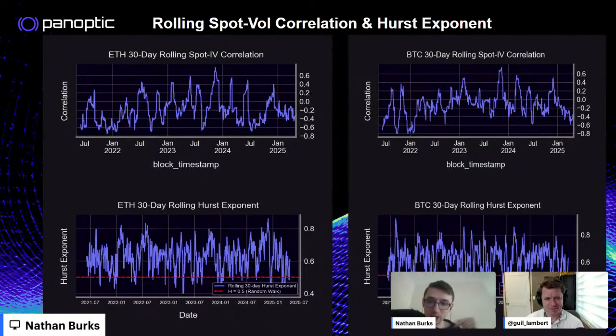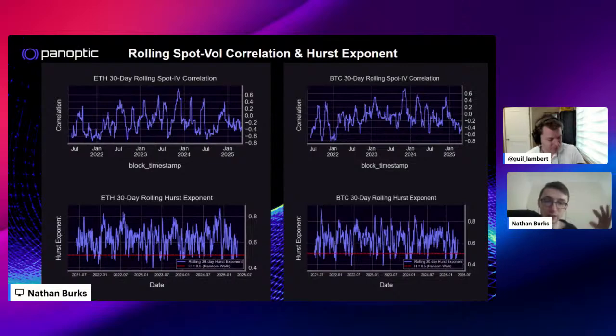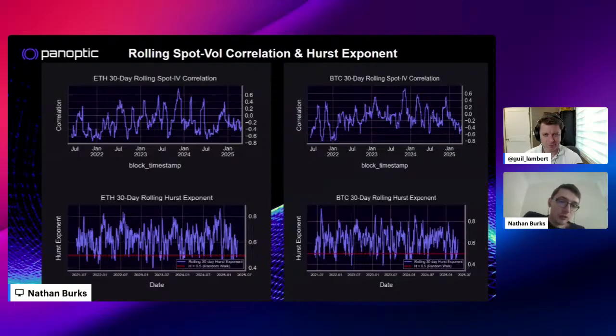And what backs that up is the bottom graphic on these combined graphics, which is the Hurst exponent, which I applied to the 30-day rolling simple returns in either pool. The Hurst exponent is a metric to gauge the persistence or trendiness in a time series, really autocorrelation.